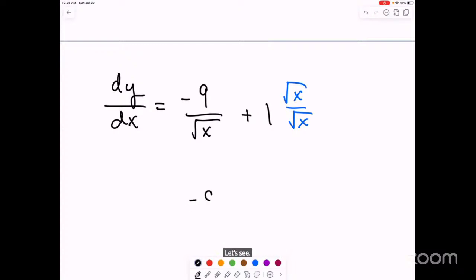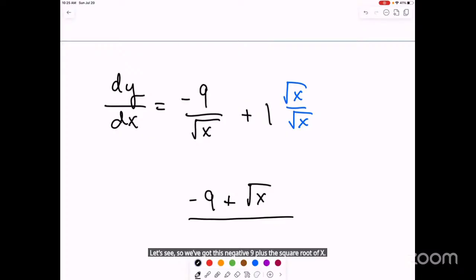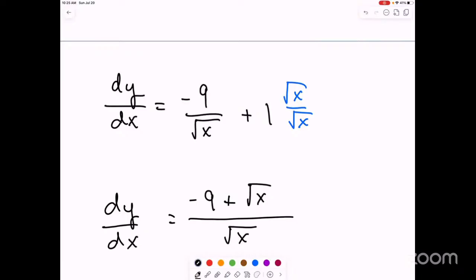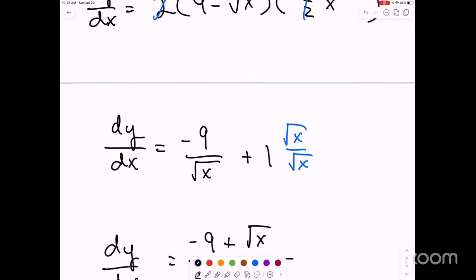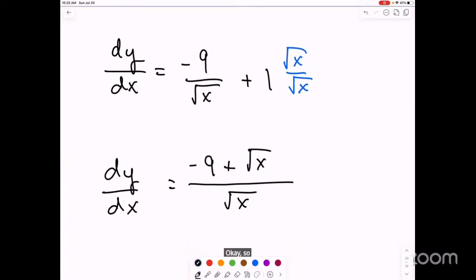So we got this negative 9 plus the square root of x over the square root of x. So when I did the second one, I got something like this.